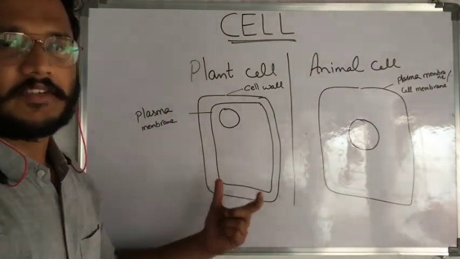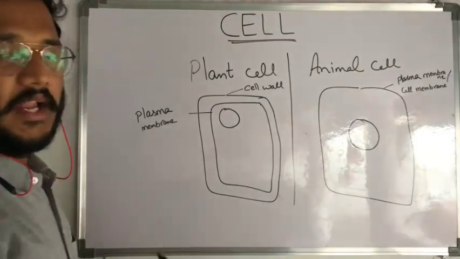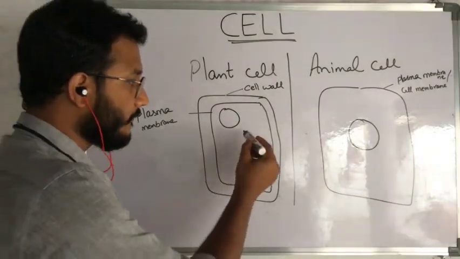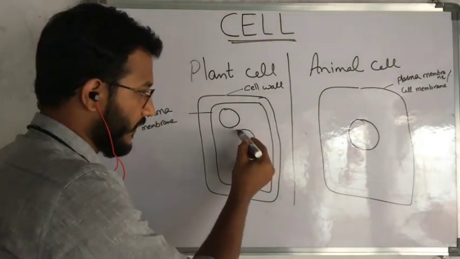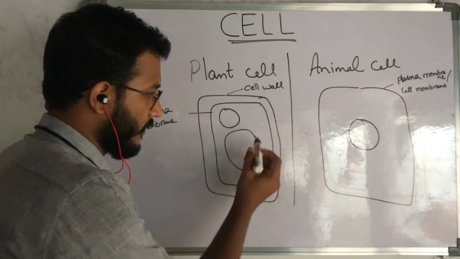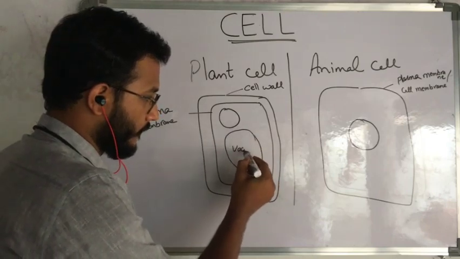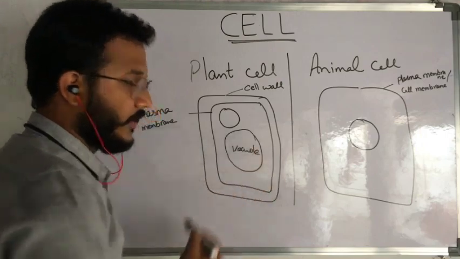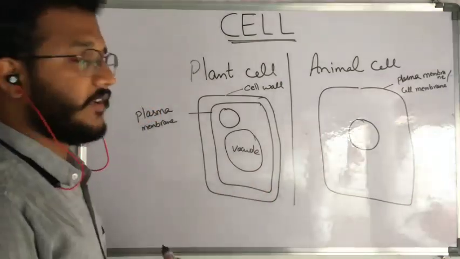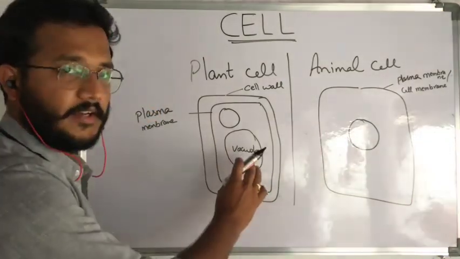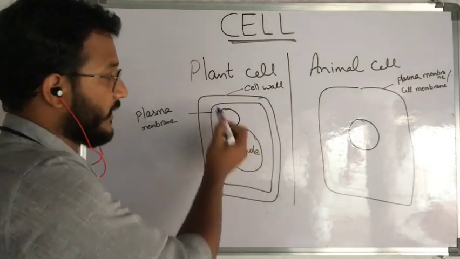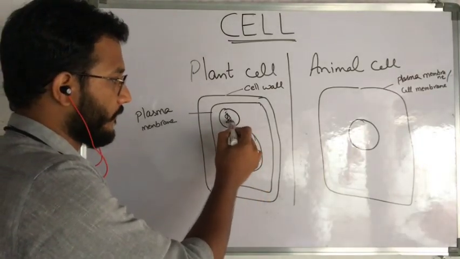So why did this difference come? Because in plant cells we have a cell organelle, the vacuole. The single, large vacuole is present at the center. That's why the nucleus has moved to the periphery.